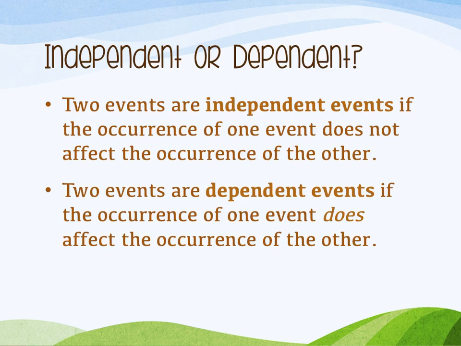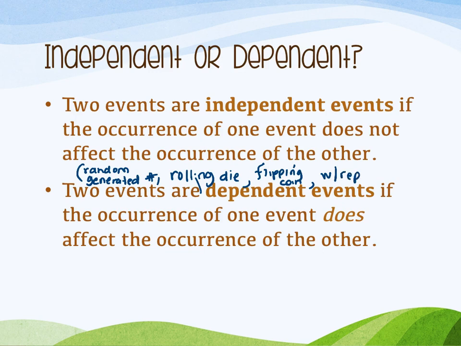Okay, independent or dependent. So we talked about this a little bit yesterday. 2 events are independent events if the occurrence of one does not affect the occurrence of the other. So we said this, an example of independent are ones like random generated number, rolling of the die, flipping of a coin, and then something that has replacement.